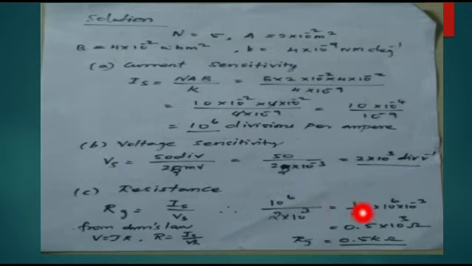You will get 1 by 2 into 10 power 6, and 10 power 3 goes to that side as 10 power minus 3. Therefore, you will get 0.5 into 10 power plus 3 ohm, and 10 power 3 is kilo. Therefore, the galvanometer resistance is 0.5 kilo ohm.